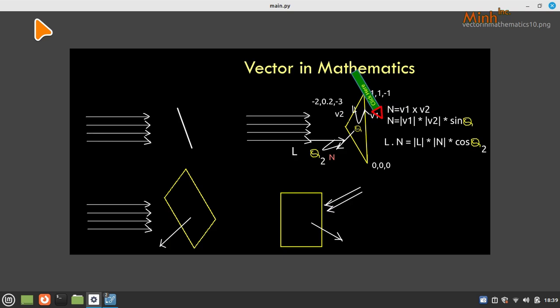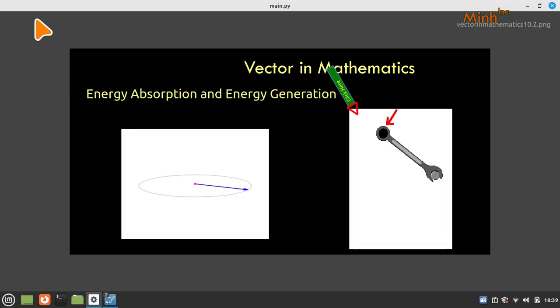Right now, when we are talking about the light, this surface, this line 1, this line 2, they are not energy vectors. Generally we take the normalized normal. But in this case, can we see this? There is a wrench, and at this end there is a bolt, and the wrench is either tightening or loosening it.